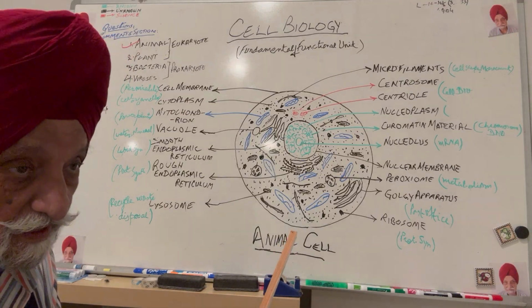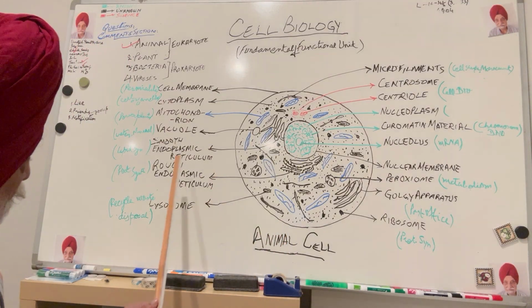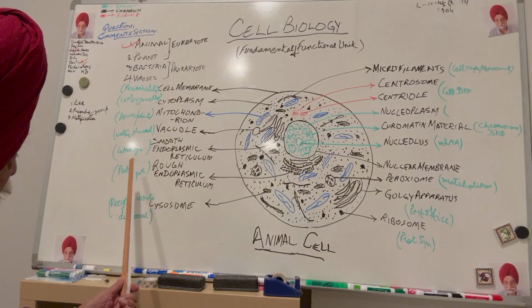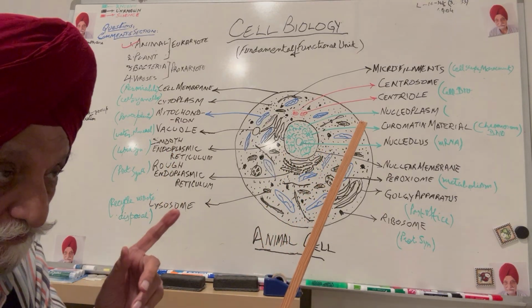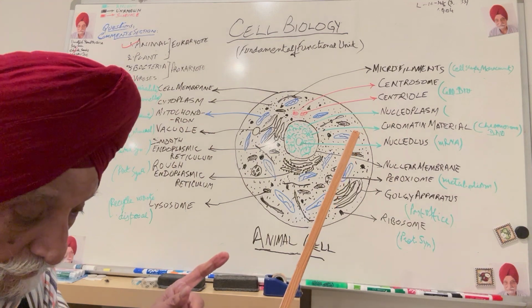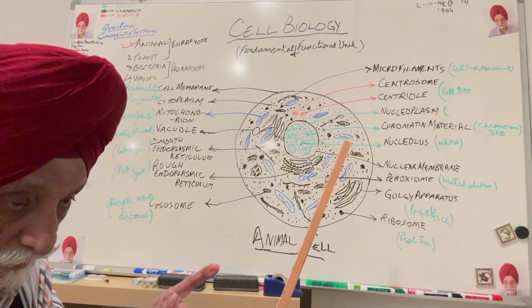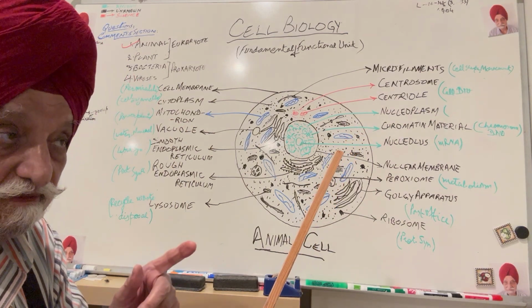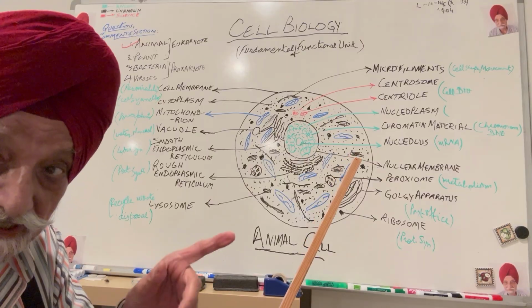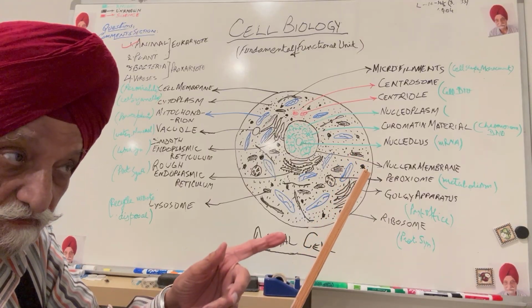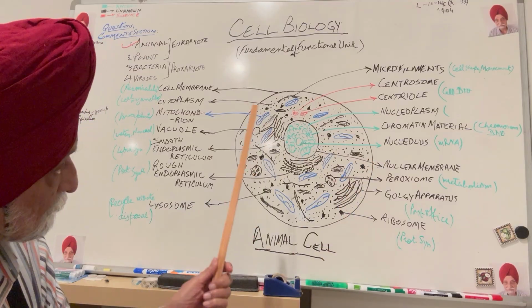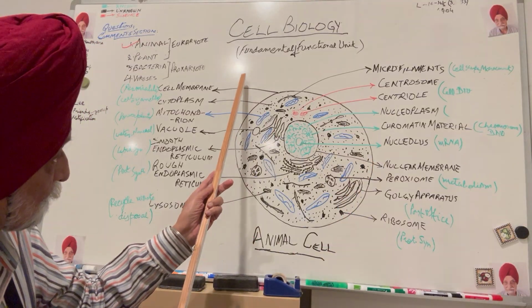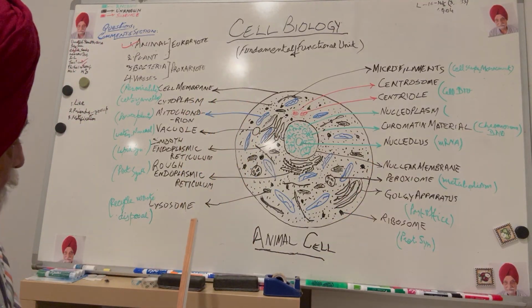Smooth endoplasmic reticulum is responsible for synthesizing the lipids from the fatty acids and glycerol, which have come after being digested in the lymph and from the lymph into the cytoplasm.